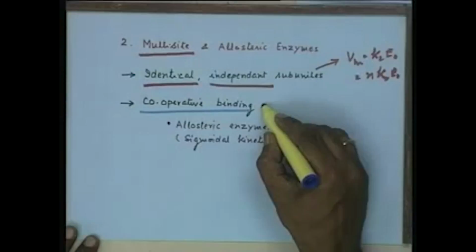Obviously if we want a favorable effect, the affinity must increase, or the Km value must decrease, the dissociation constant must decrease. Now in that case, if the Km value of the subsequent binding sites decreases with the binding of the first substrate molecule, we call it cooperative binding.